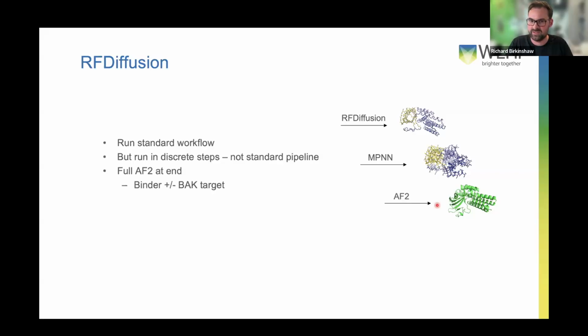We ran things individually. So we would run RFdiffusion, and then we would run MPNN in order to get our actual sequence that would adopt that fold. And then in the end would do validation with a full run of Alphafold 2, rather than using the non-standard Alphafold that's built into the standard RFdiffusion pipeline.